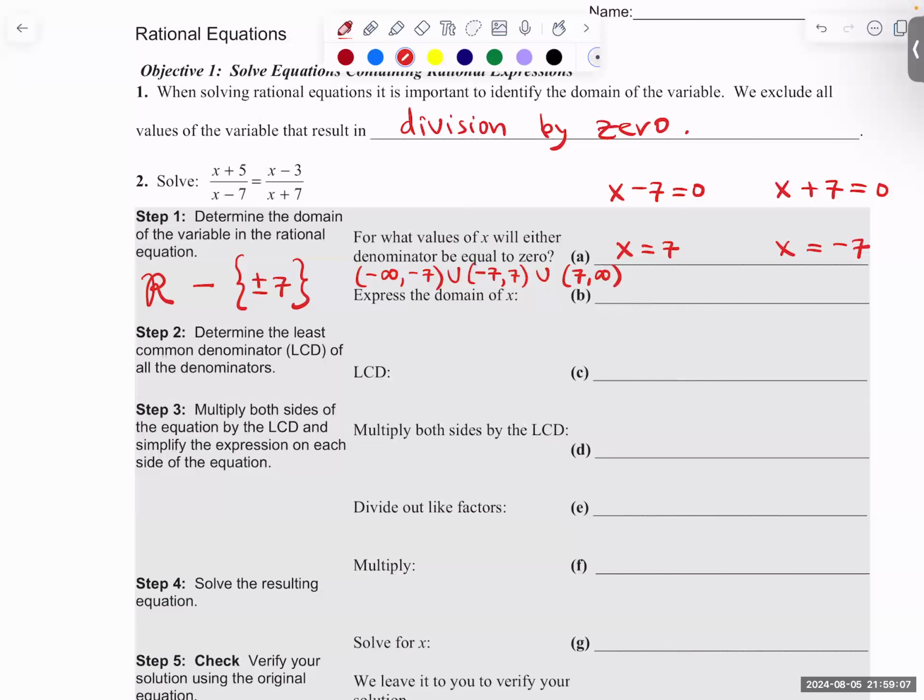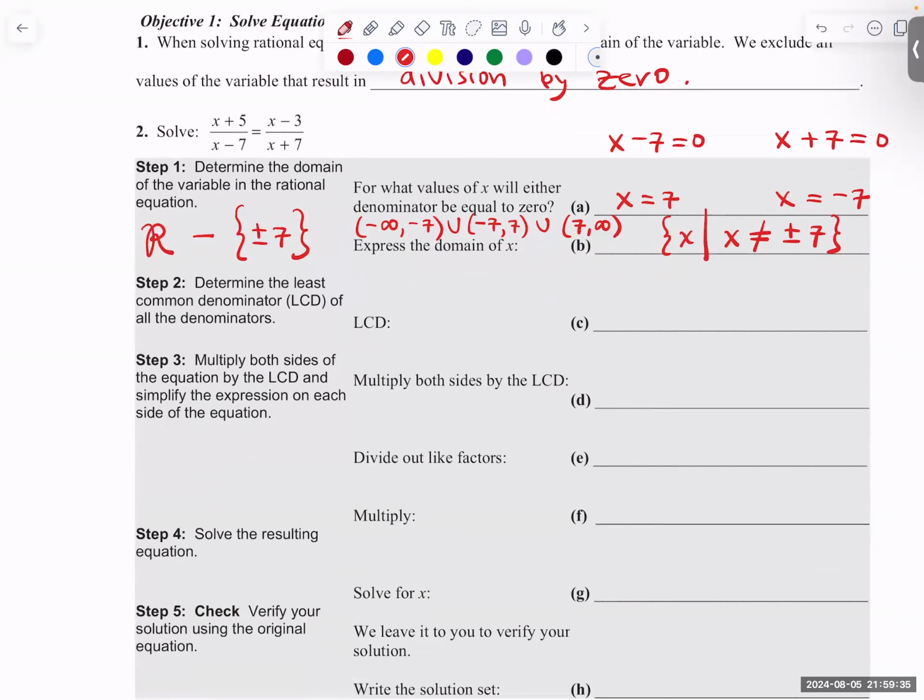In set notation, we could say the domain is the set of all real numbers x such that x is not equal to positive 7 or negative 7. So again, domain means the set of all possible solutions from the set of real numbers, excluding any denominator restrictions.